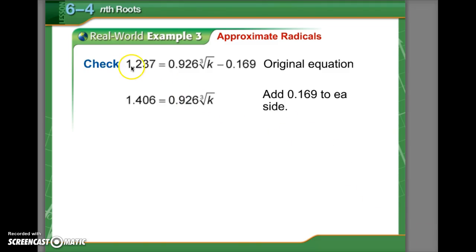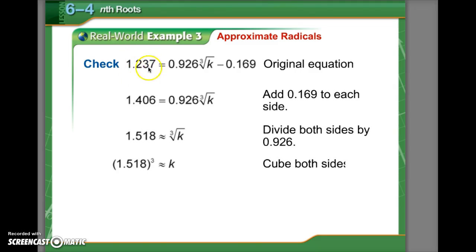If you want to check that, you would take your answer right here and replace it with the d for the diameter of the hole. We're going to add 0.169 to each side. We get this new number on the left. Then we're going to divide by 0.926, like they say here. This number divided by 0.926 gives us 1.518. If we have the cube root here, we're going to cube both sides.